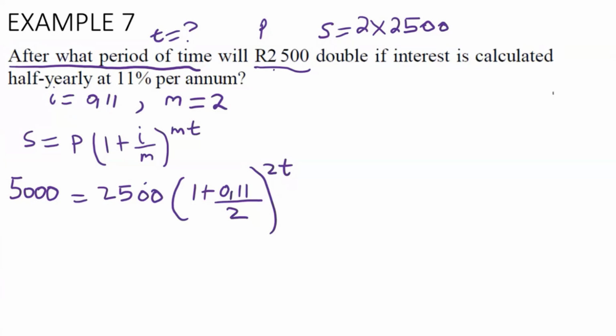So 5,000 divided by 2,500 is 2. So 2 is equal to 1.055, whatever is inside your brackets, to the power 2t. Okay, so we need to solve for this. This is an exponential equation.